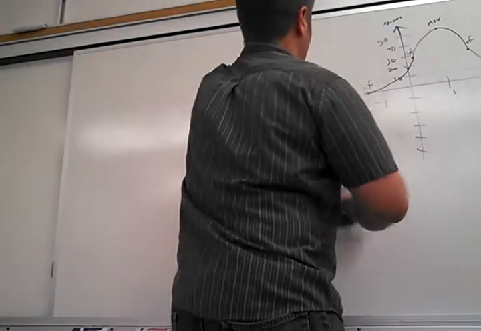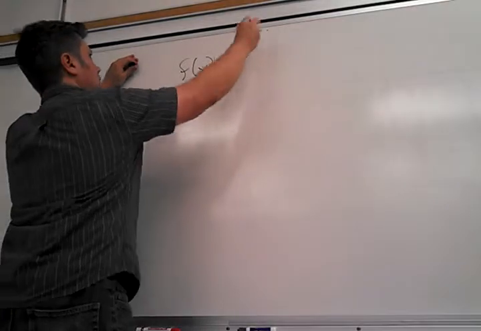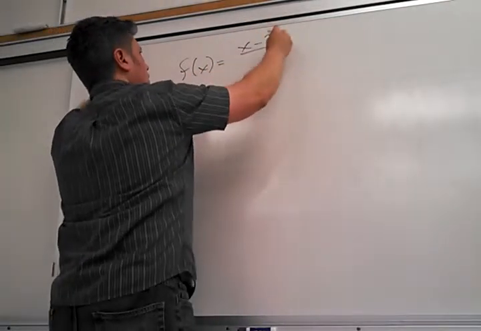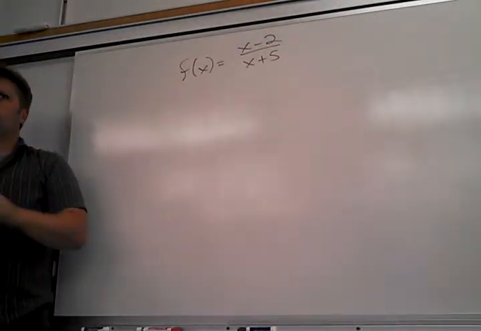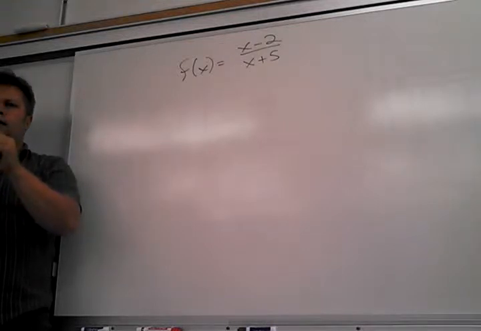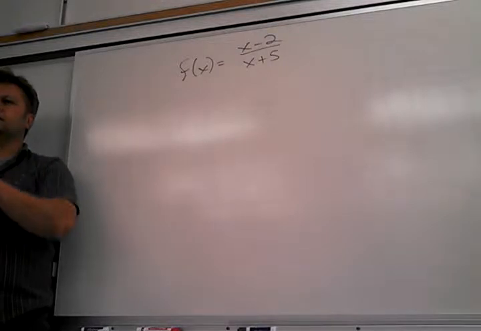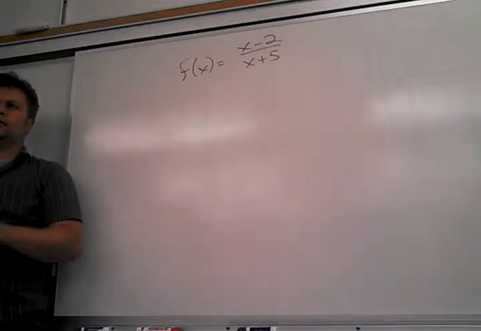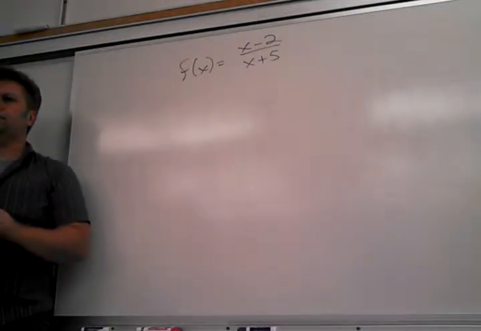If I had this function here, take a minute and try to find its local max and min, and if there's any inflection points. Let's just do one thing right now. Let's just find the critical numbers for this, the first derivative critical numbers.